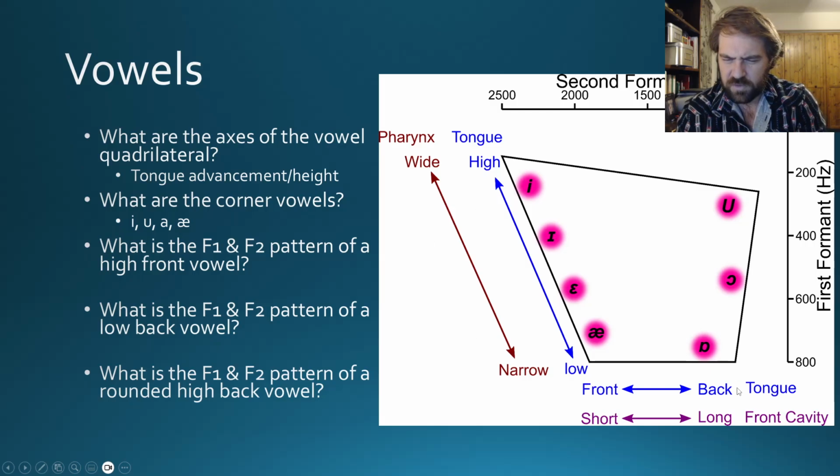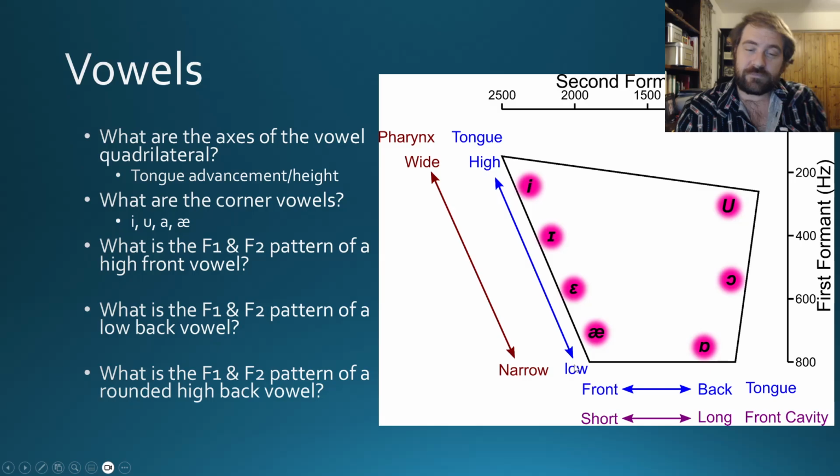So all of your blue arrows are what the tongue is doing. And then in this axis, it's tongue height. So here it's high, and then all the way down here it's low. So a high front vowel would be E. A high back vowel would be U. A low back vowel would be Ah. A low front vowel would be Ah.